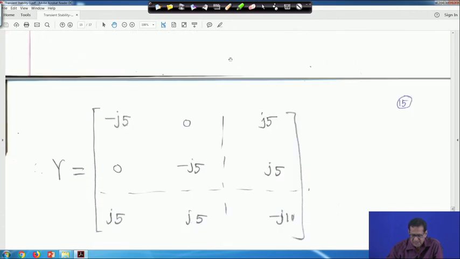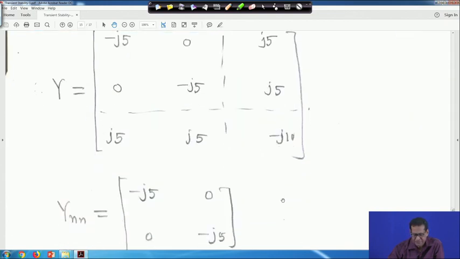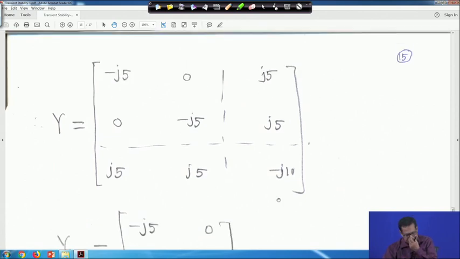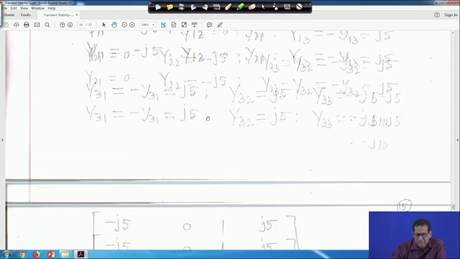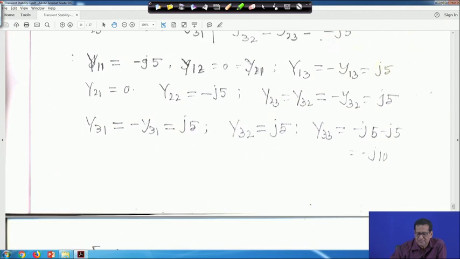So, this is the whole Y matrix, which you know how to calculate. Now, this Y is actually minus j5, then 0, then j5, then 0, minus j5, j5, and minus j10. If you look into this, Y11 is minus j5.